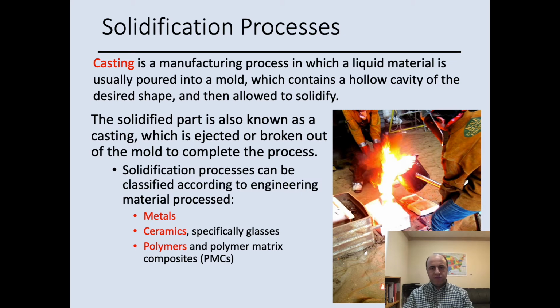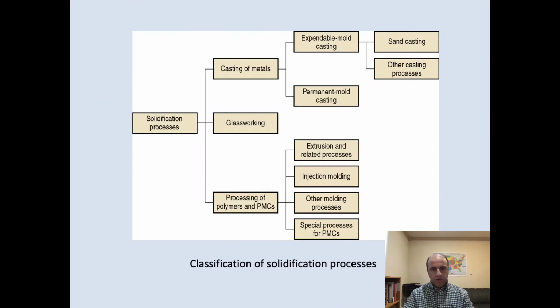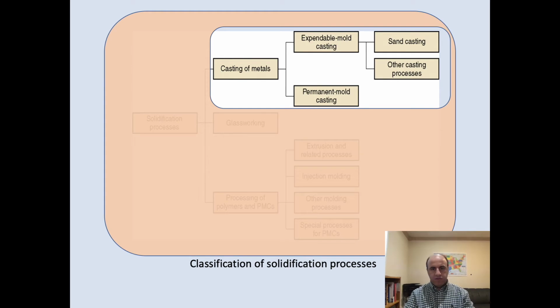So casting can be performed on these materials. As you see in this chart, we have three classifications: metal, glass, and polymers. But in this lecture, we are focusing mostly on the metal part.